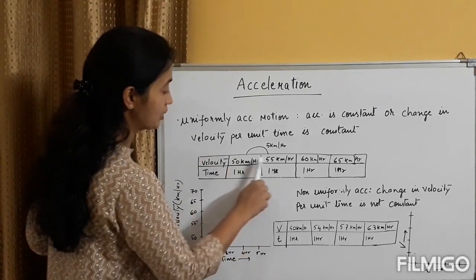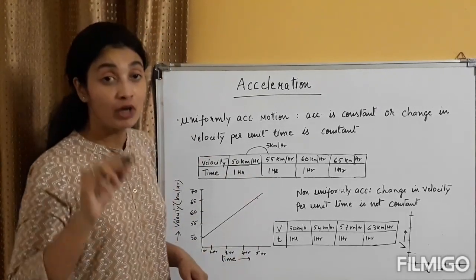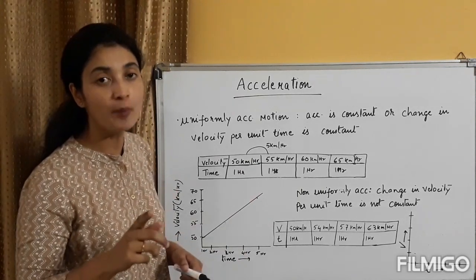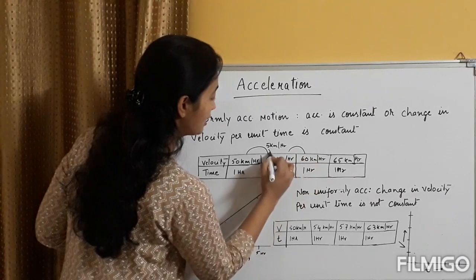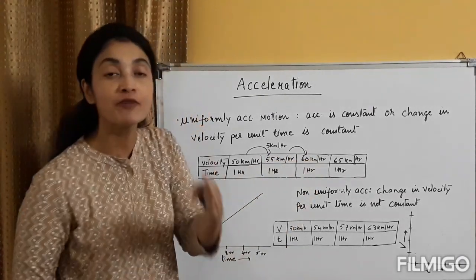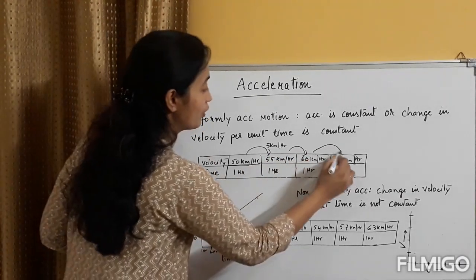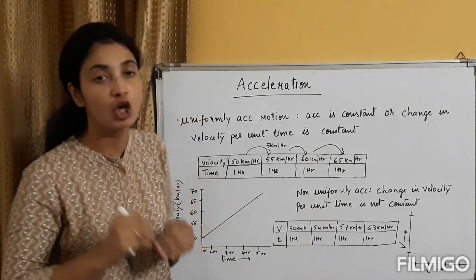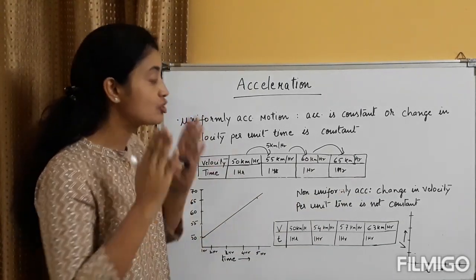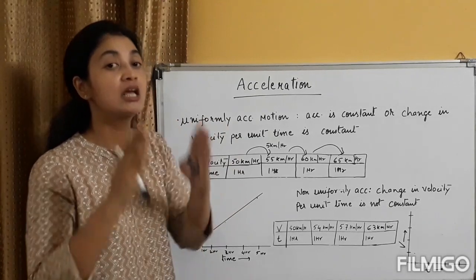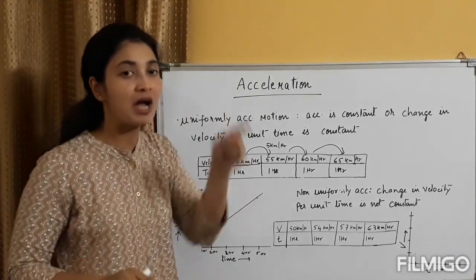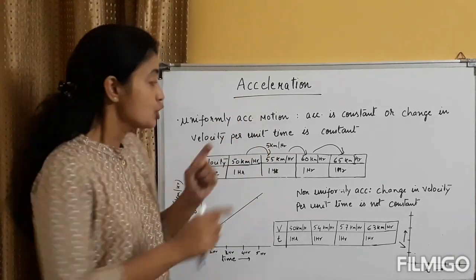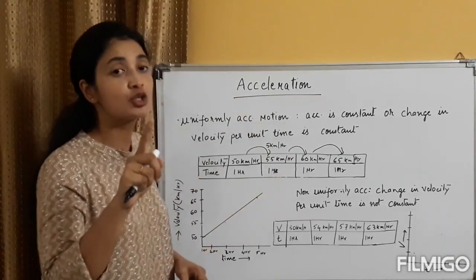From 50 to 55, velocity increased by 5 kilometers per hour. Then 55 to 60, again the velocity increased by 5. Here also the velocity increased by 5. So always the change in velocity per unit time is constant. It is 5, 5, 5, 5 only. Keep it in mind, velocity is not constant.